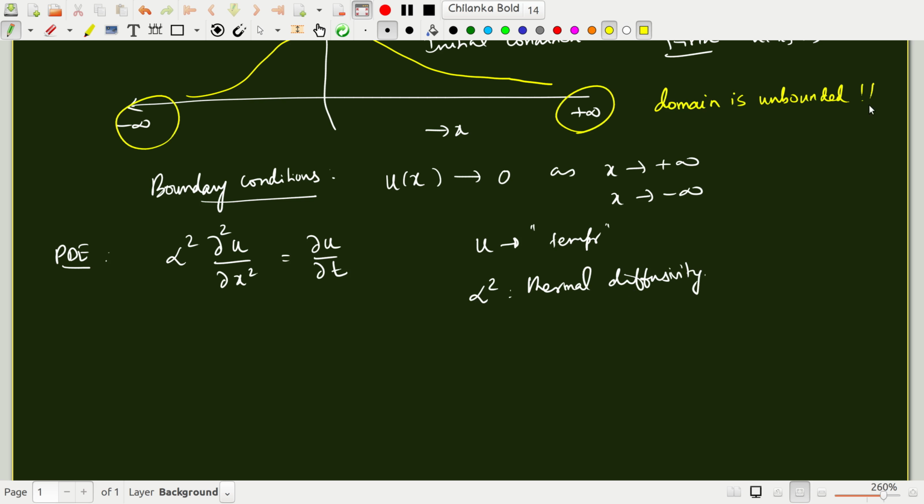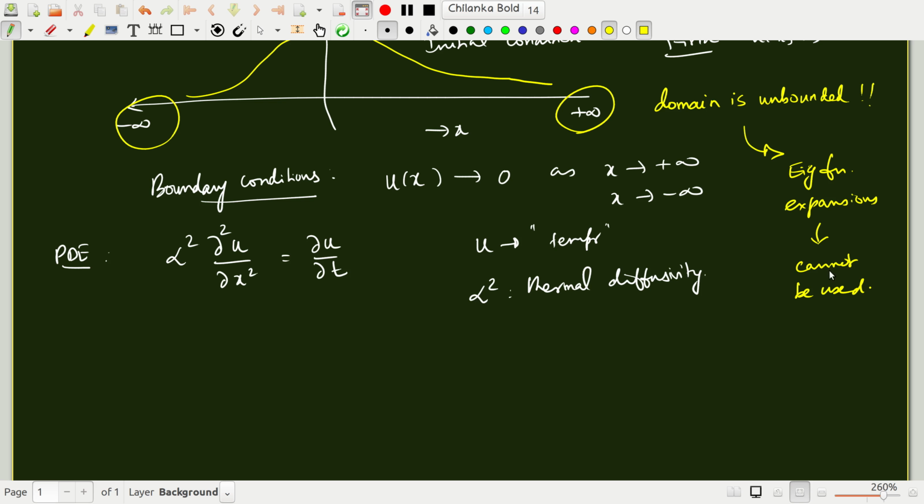When the domain is unbounded, we cannot use eigenfunction expansion in the traditional sense, because eigenvalue problems of that type are typically obtained for finite domains.